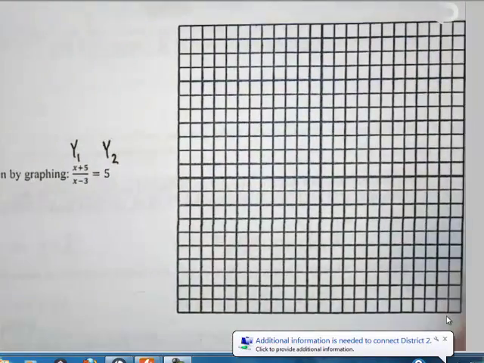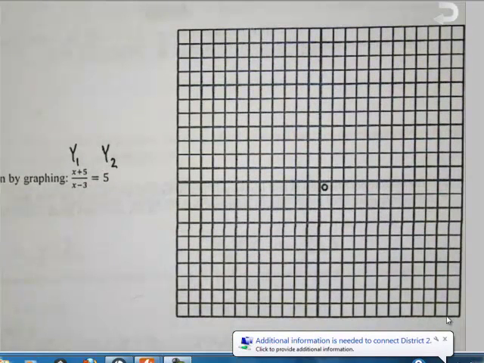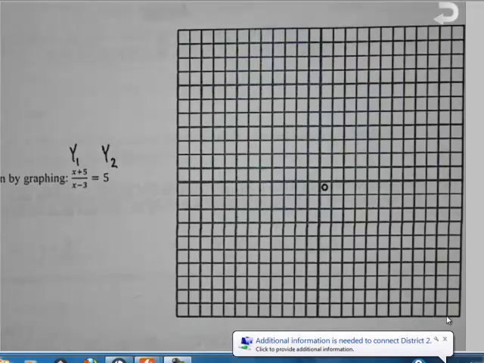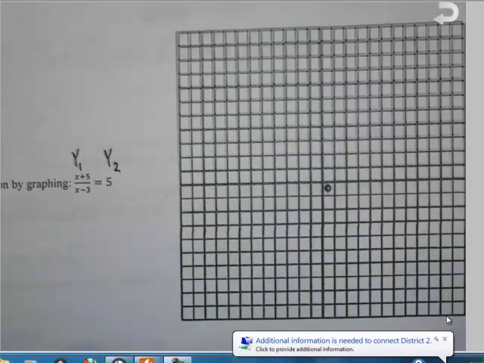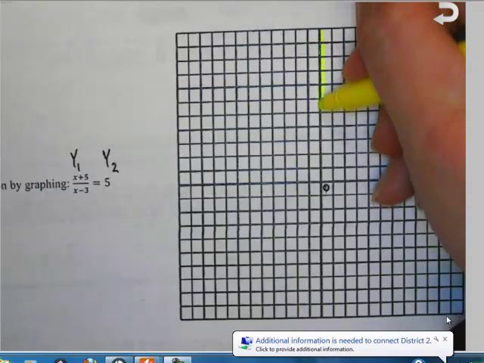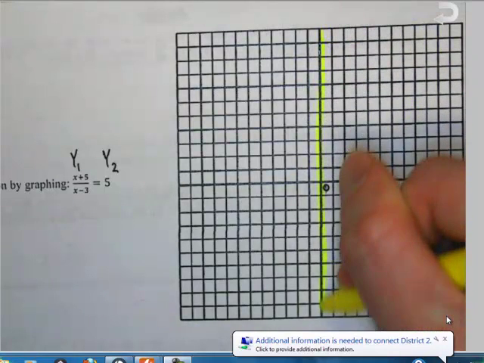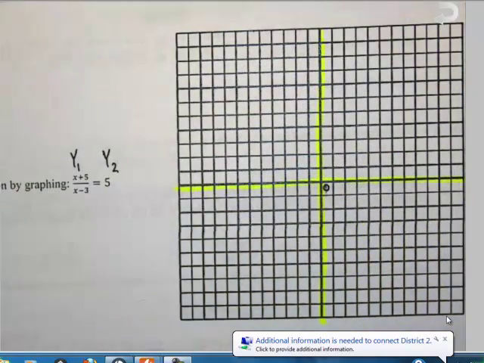The first thing you want to do is define your origin. It's a little easier to see right now. You've got your x-axis here and your y-axis here. You may want to highlight that to make it more obvious. So there's the y-axis and there is the x-axis.